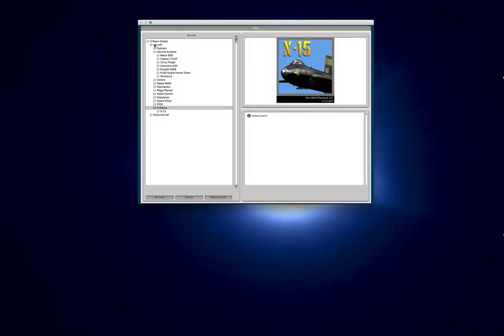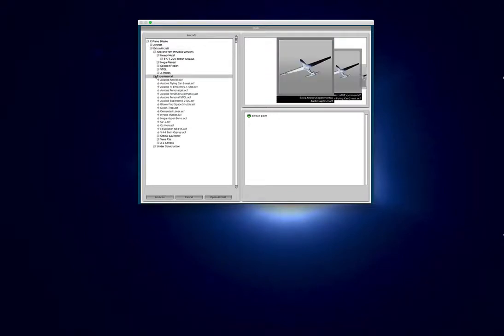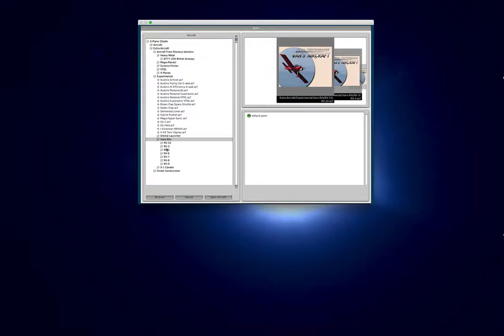Open. Experimental. I'm looking for my RV. Found this. Bear with me. Yeah, here we go. It's under Experimental aircraft, Van's RVs. And a Van's RV-10 right there. So we open that up.